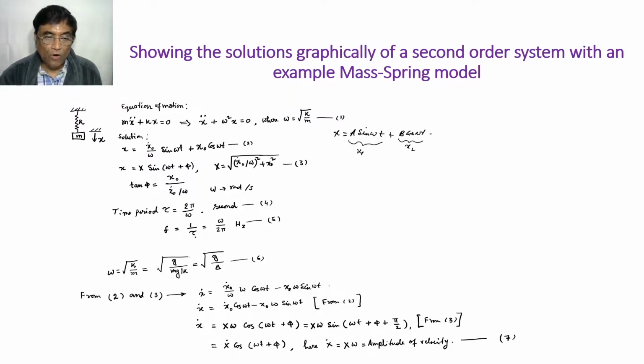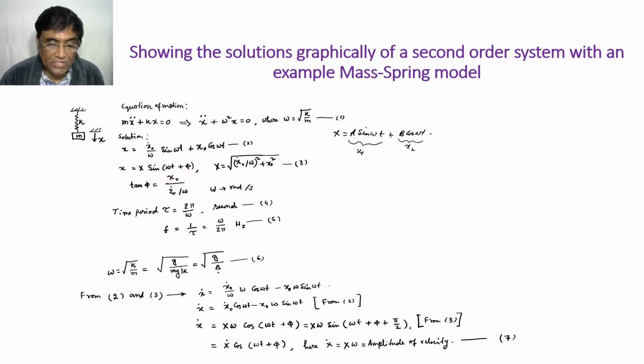Also, using this, even if I do not know the system parameters k and m, I can just hang a mass and measure with a scale the displacement taking place.